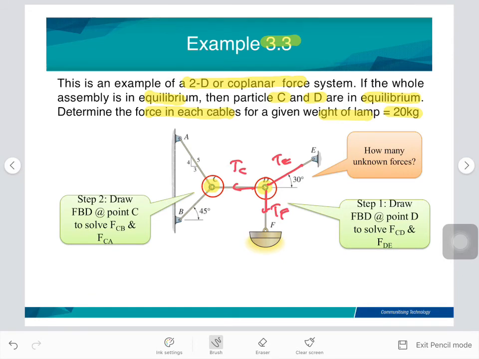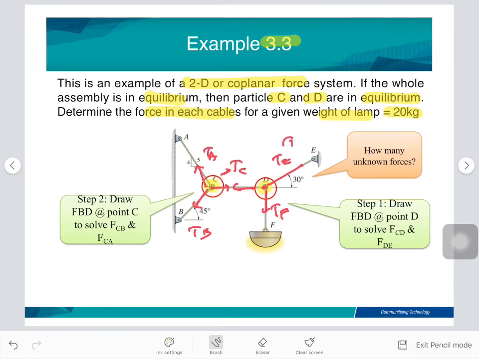And this is at point D. Now at point C, it is the same. You have TC, and this is TA, and this is TB. So how many unknown forces? We have 1.